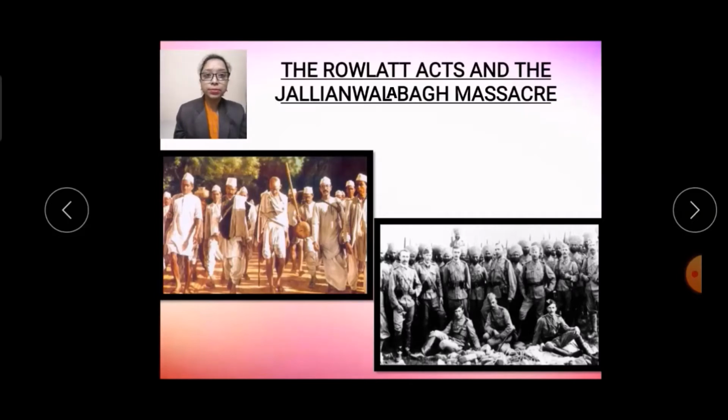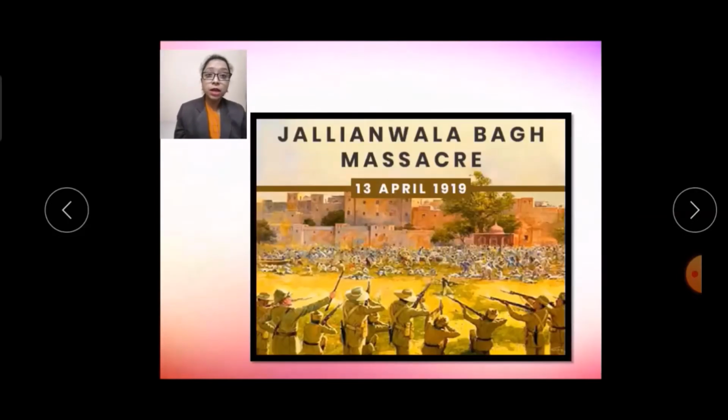On 13 April 1919, a public meeting was held in Jallianwala Bagh in Amritsar, and it was attended by about 10,000 men, women and children.